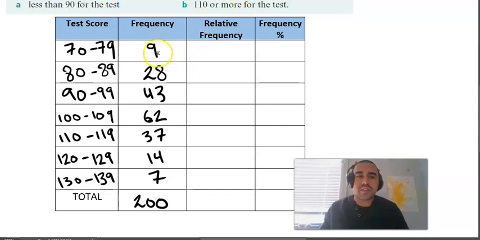The relative frequency is whatever the frequency amount is for that category, written as a decimal, with 9 being the top number, and this is going to be all over 200. When you put this into your calculator, you will need to convert this into a decimal. You would simply use the S-D button, and this ends up being 0.045.